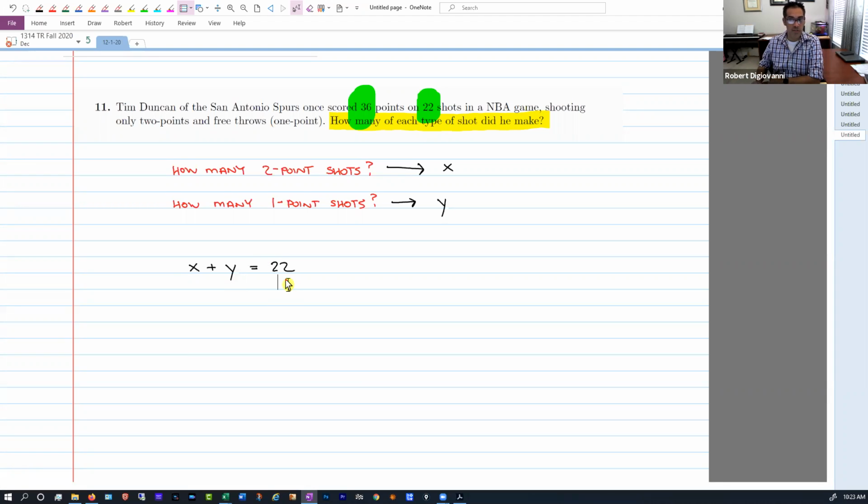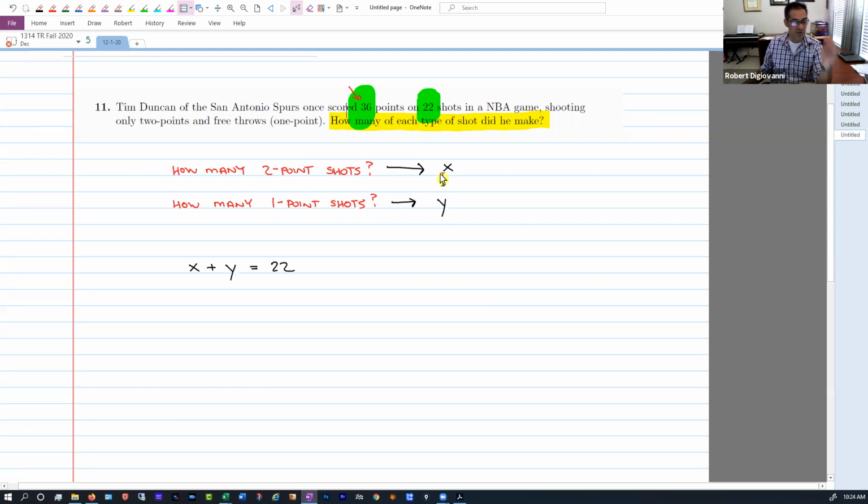That's one equation. What's the other equation? Well, he scored 36 points. So how many points did he make from shooting 2-pointers? How many 2-point shots did he take? He took X, and how many points did he get for each shot?